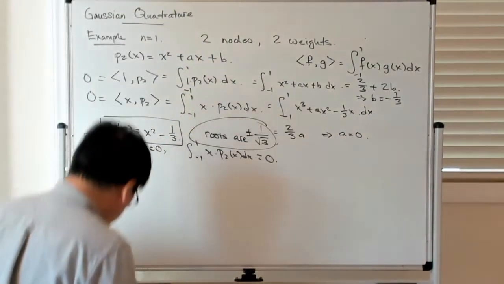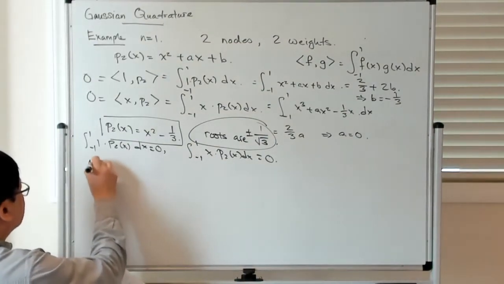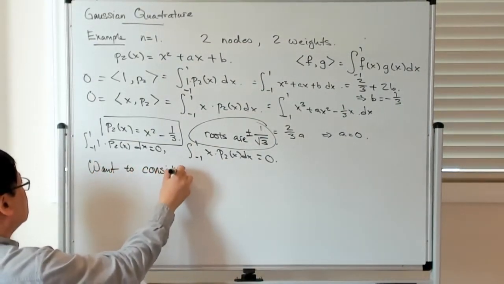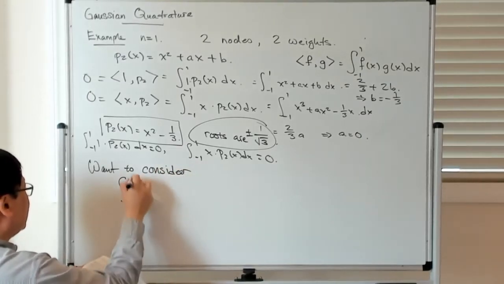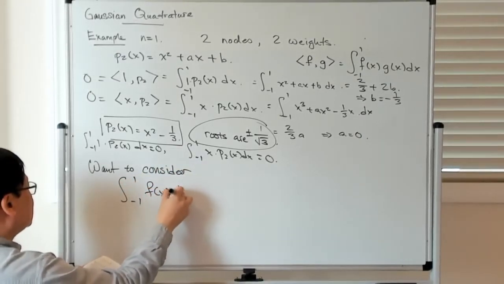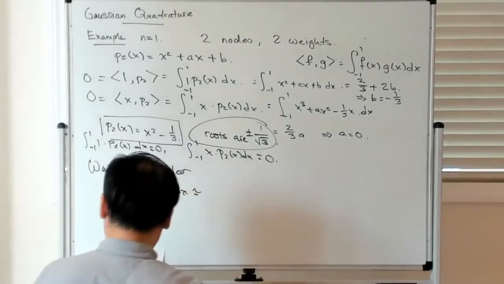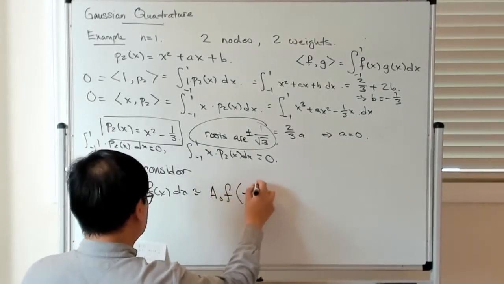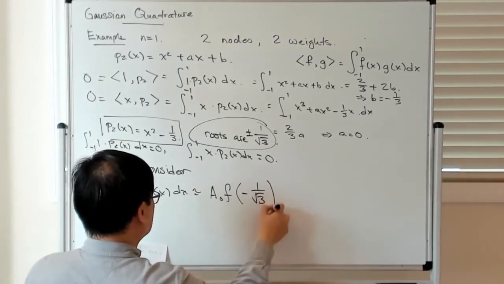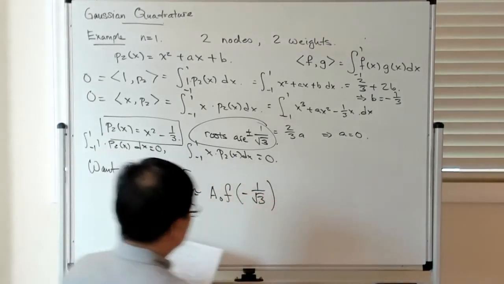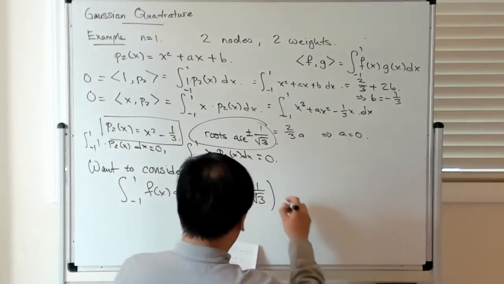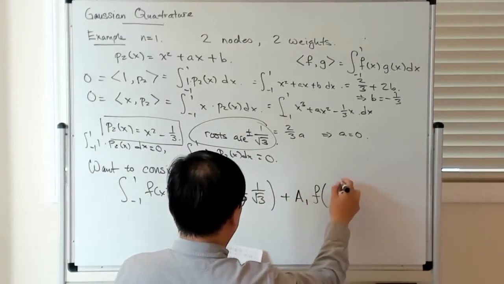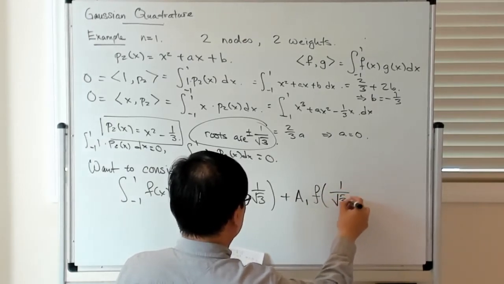So I want to consider some approximation of the integral from minus 1 to 1 of f of x dx by a0 f at minus 1 over square root of 3, plus a1 f evaluated at 1 over square root of 3.